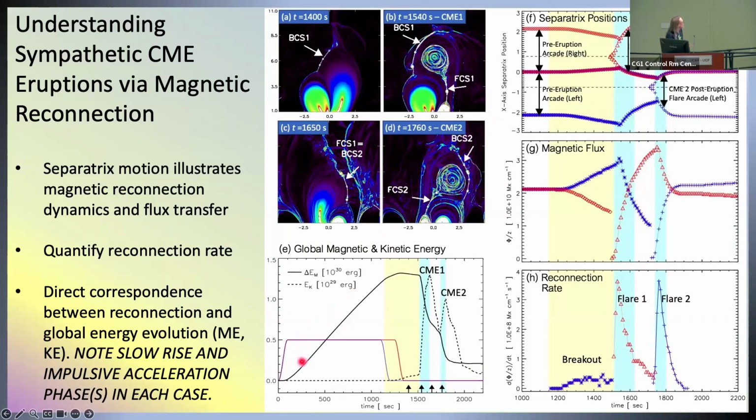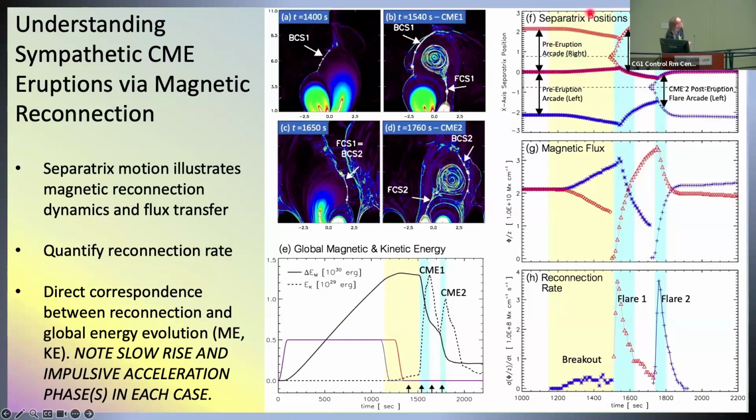And so the same overall picture is true in that I slowly build up my magnetic energy. This yellow part is this slow rise phase. And then these blue parts are the rapid acceleration phase. So there's this slow rise phase and then the first massive eruption here.